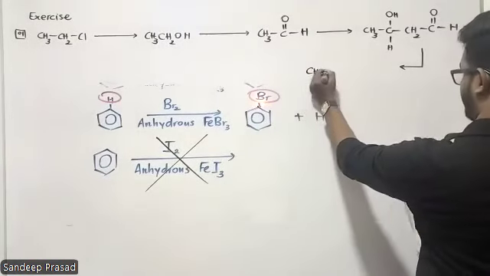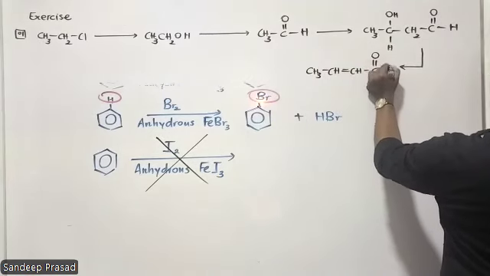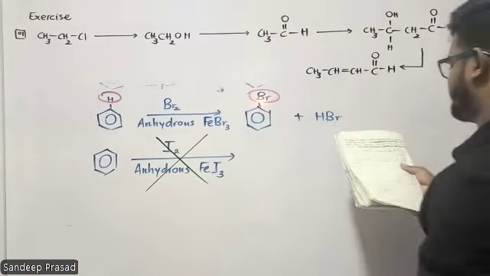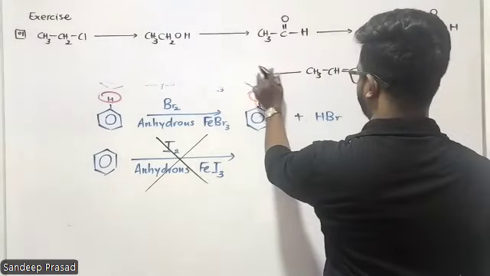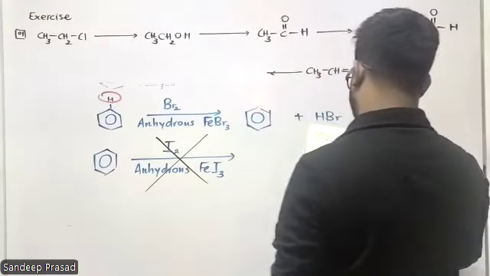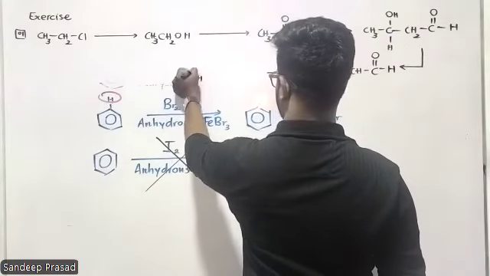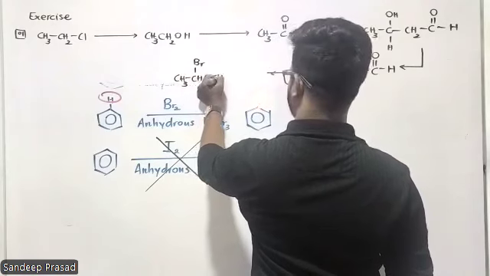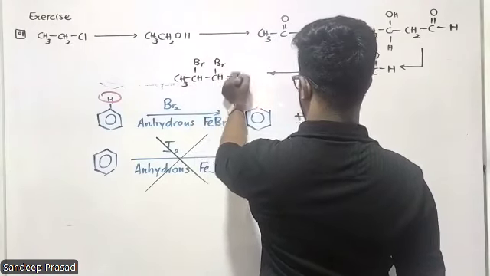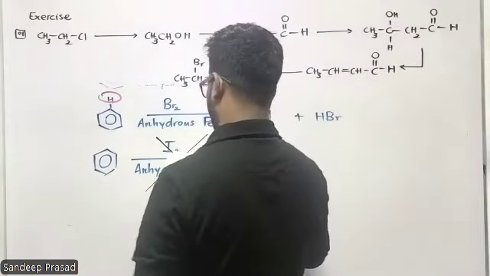I think I gave you the answer, right? Then here, after adding a compound, we have a dibromo compound along with the aldehyde. You know what we have to add simply.